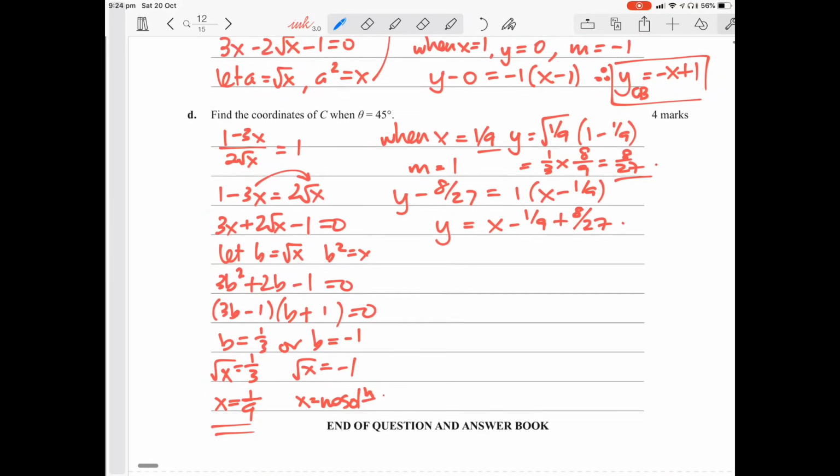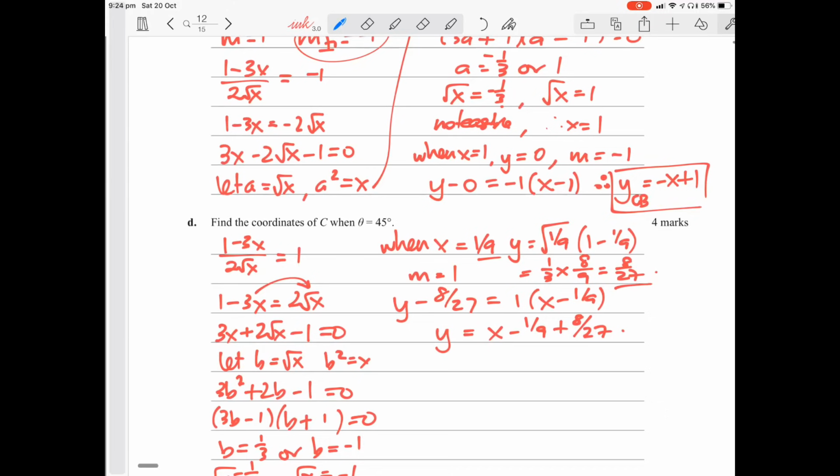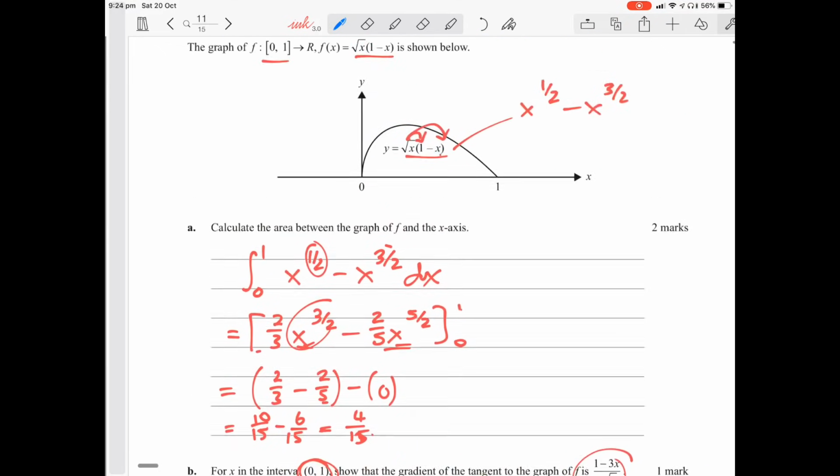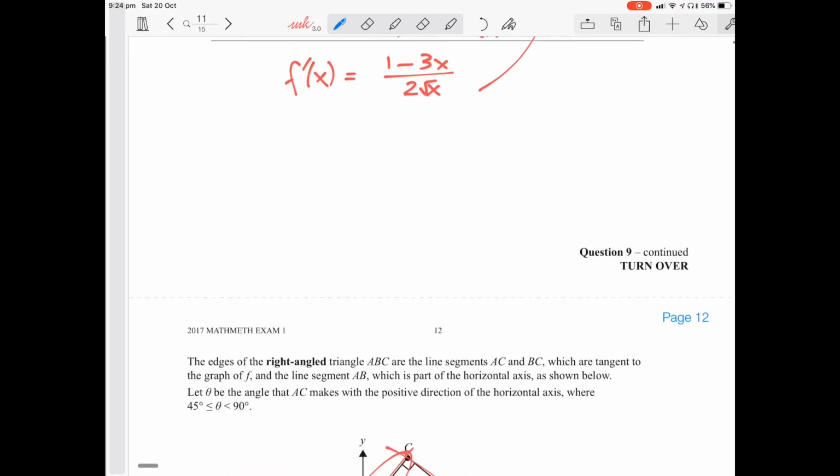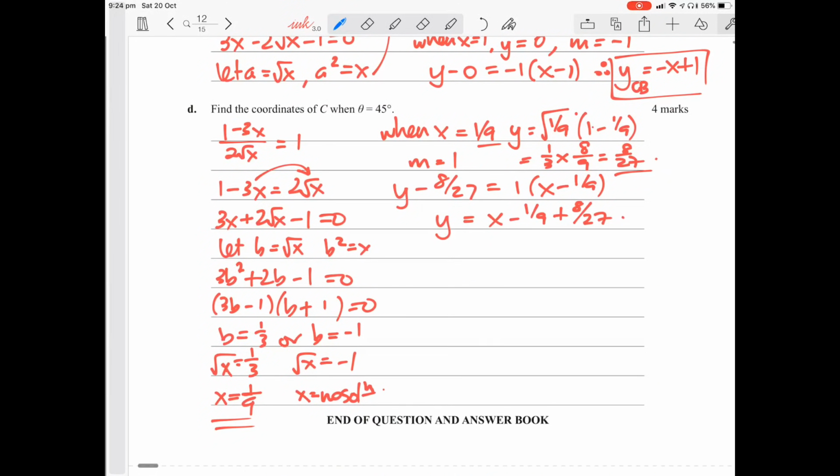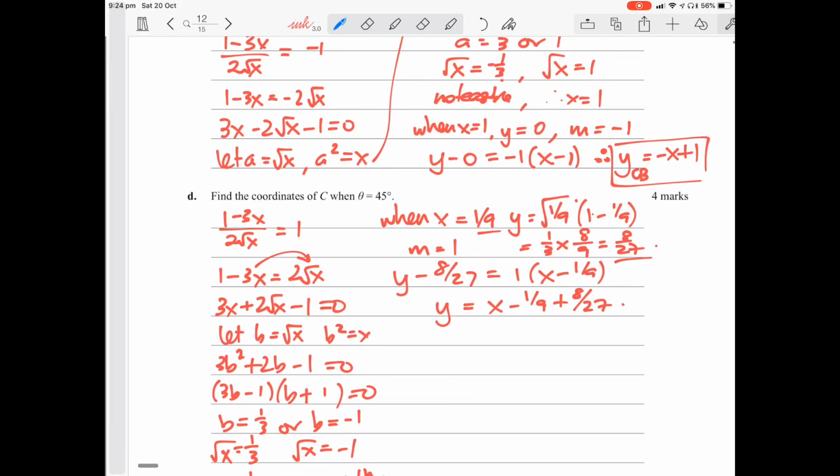So x equals 1 on 9. If I put 1 on 9 into that formula, I get 1/3 times 1 minus 1 on 9, which is 8 on 9, which is 8 on 27. I know that x is 1/9.